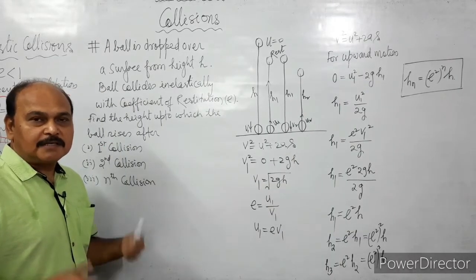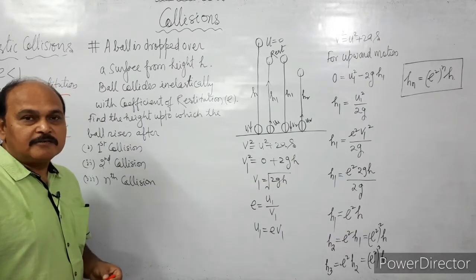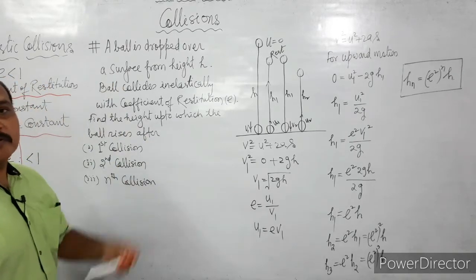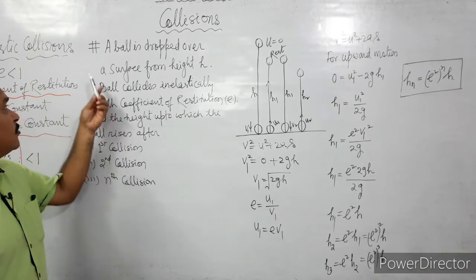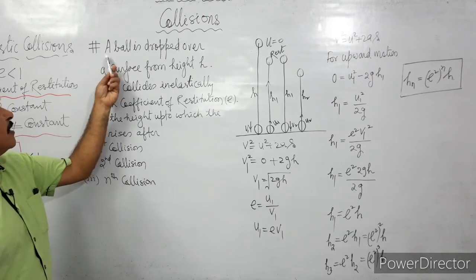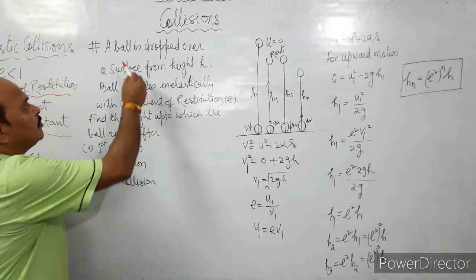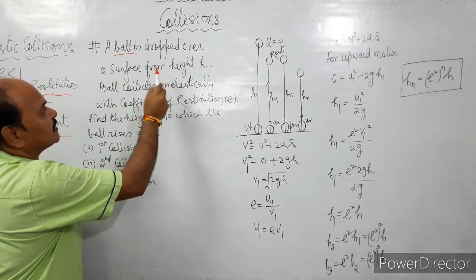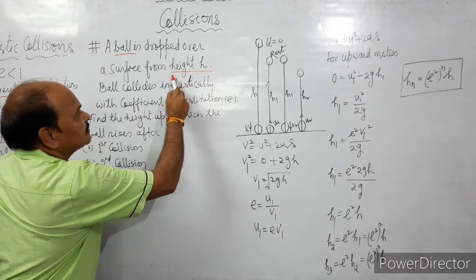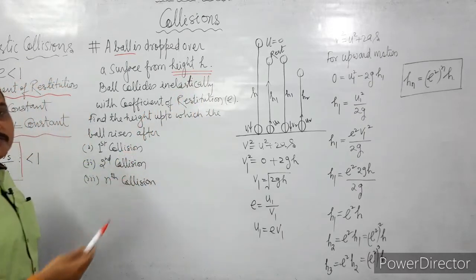Children, let's understand this inelastic collision further with the help of a numerical example. Well, the numerical reads like this. A ball is dropped over a surface from height h.